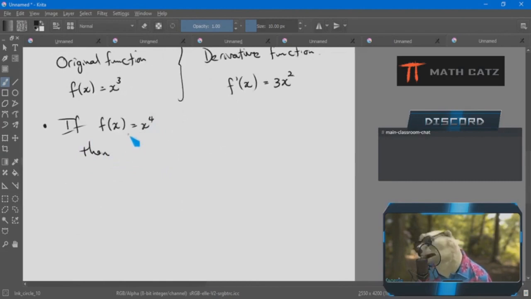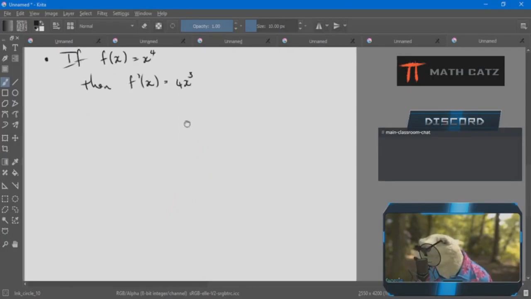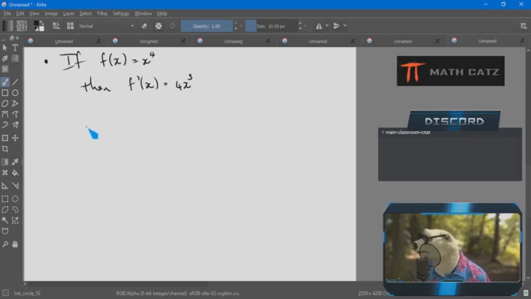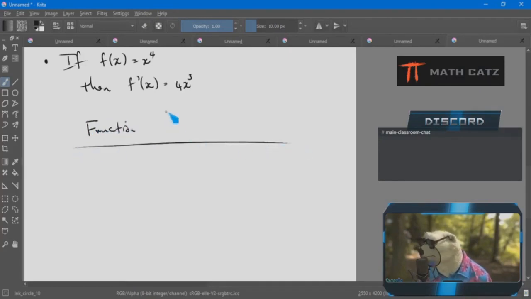If you go through the same motion, limit definition, you're going to get the derivative as 4x cubed if you've done everything correctly. So now let's have a look here. We have original function. We have a couple of examples now, so we can make a list here. And we have the derivative.